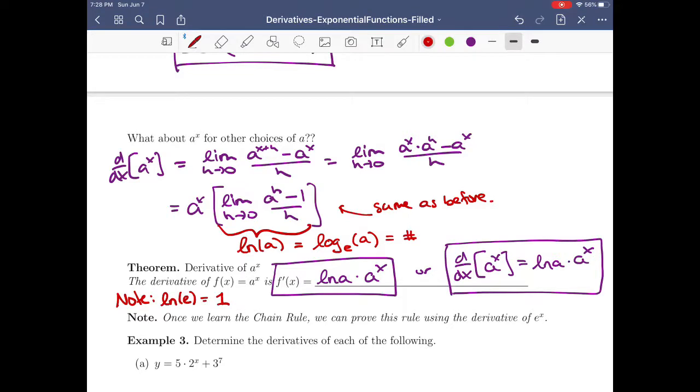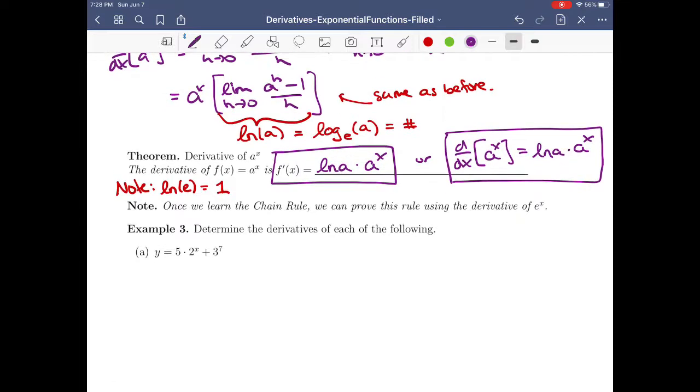Okay, so the e derivative actually follows the same formula, so you could actually replace this a with e everywhere, but ln of e is just 1, so you would still get e to the x. So if you want to just remember one formula, you could use this one. Like I said, once we learn the chain rule, we'll be able to prove this using the chain rule and the derivative of e to the x.